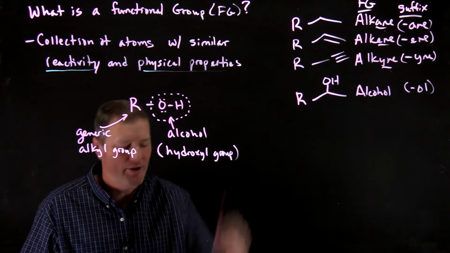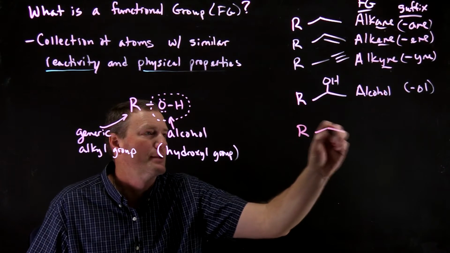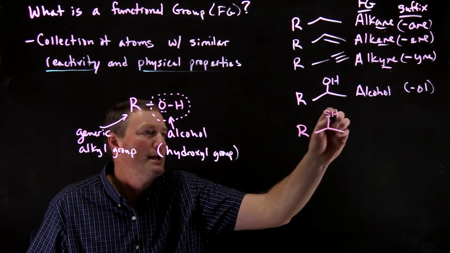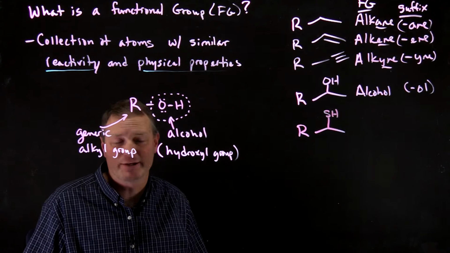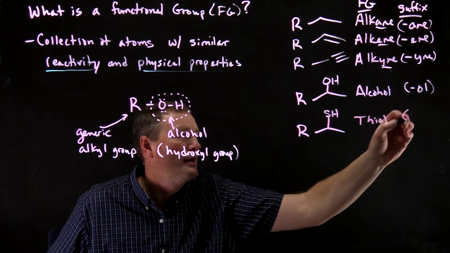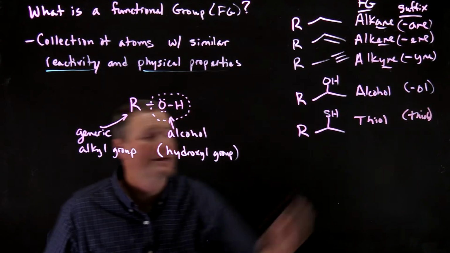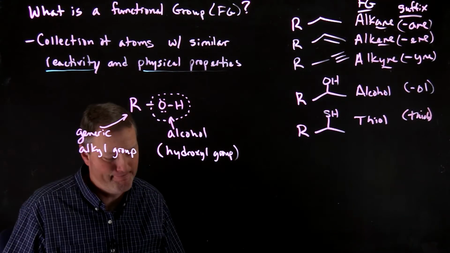We can classify alcohols based on the number of carbons coming off. Another example is related to the alcohol. Instead of having an OH, it has an SH group. This is called a thiol. And it usually has the word thiol in the name.